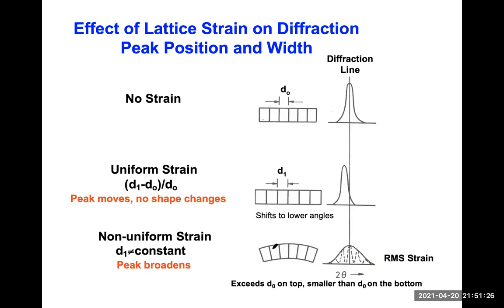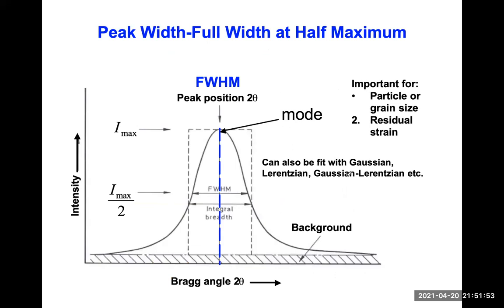The top surface is subject to tensile stress. The bottom is subject to compressive stress, which means that whatever shift we would have gotten from the stretching of the top, I think, is canceled by the compression on the bottom. But that curvature, the differential spacing between the scatterers, shifts the full width at half maximum, FWHM, of the diffraction peak.